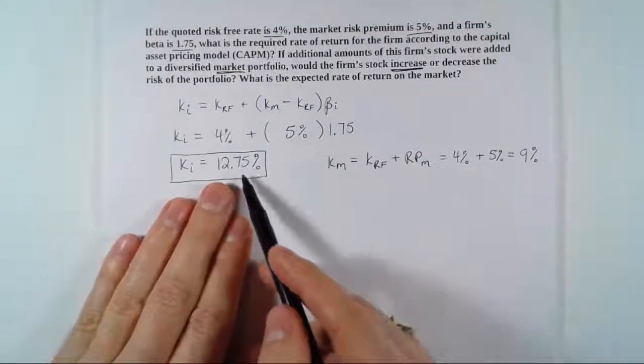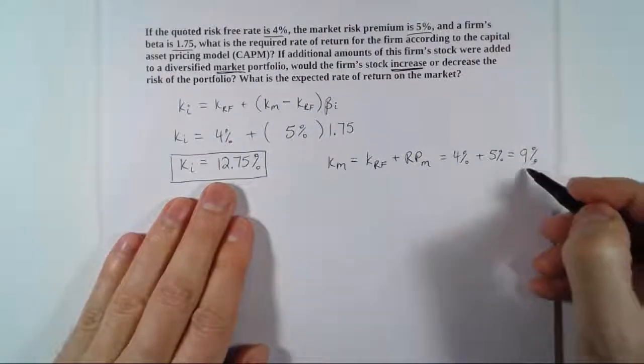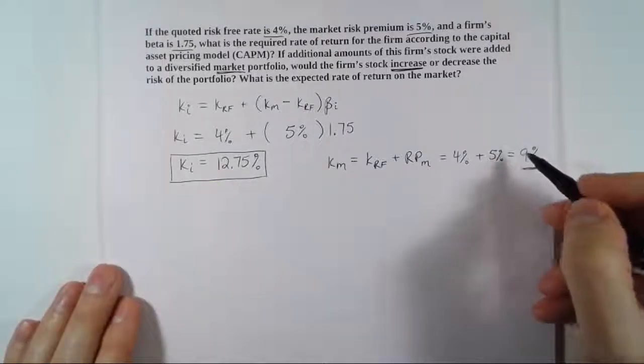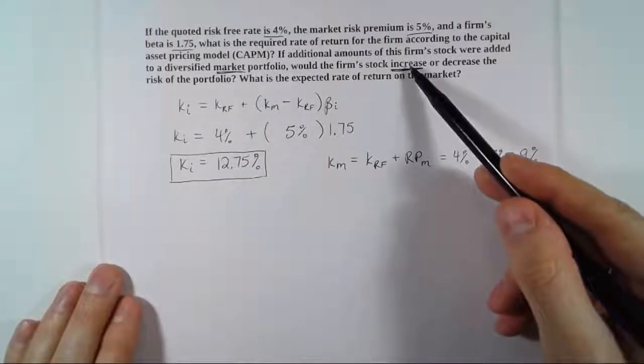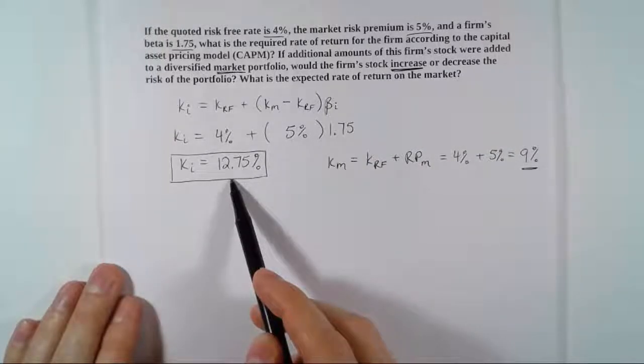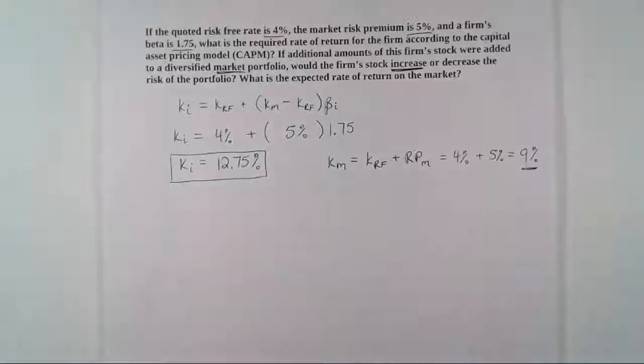And notice we are requiring 12.75% return for the stock, but we were requiring 9% rate of return on the market. So because adding this stock to the diversified portfolio would increase the risk of the portfolio, we require a higher rate of return on this stock compared to the market. And that is how you can solve problems involving the capital asset pricing model. At this point, I recommend that you try a few other examples and see how you do.